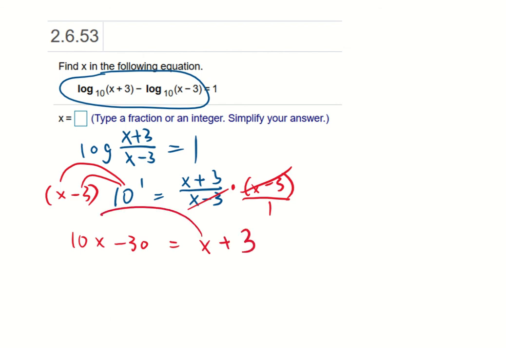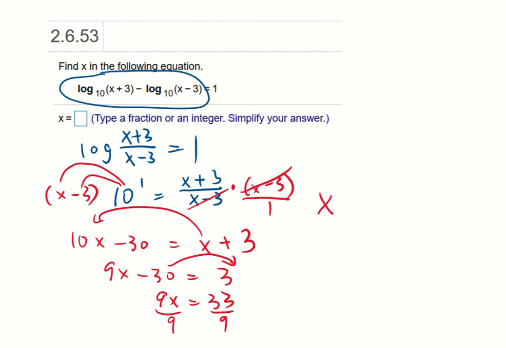Move the x over, 9x minus 30 equals 3. Move the negative 30 over, 9x equals 33. Divide both sides by 9. So you have x equals 33 over 9, but this could be simplified. You can divide the top by 3, that's 11, bottom by 3, 3. That's the simplified answer.